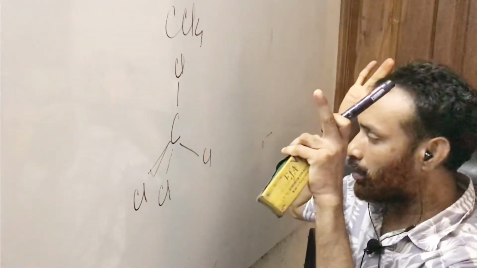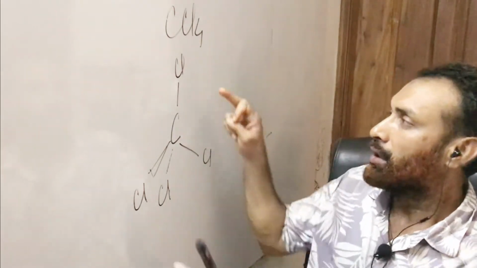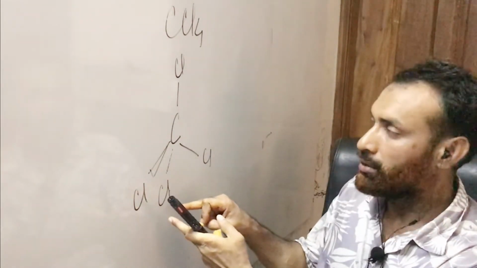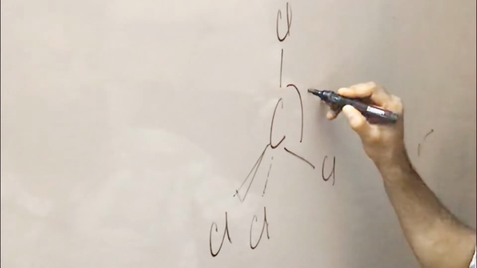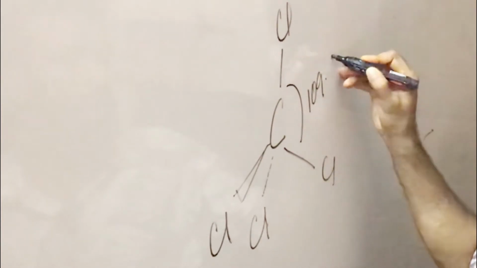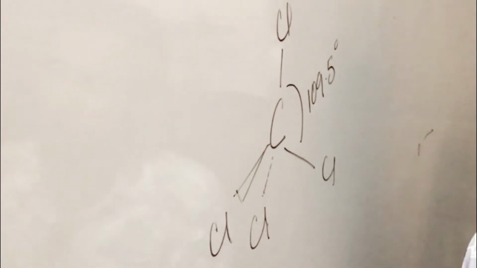But when you think of the total molecule together, all four atoms bonded to the central carbon are the same, and all bond angles are 109.5. The bond angles are the same and the atoms are the same. Together we say that this is symmetric and the dipoles will be cancelled.